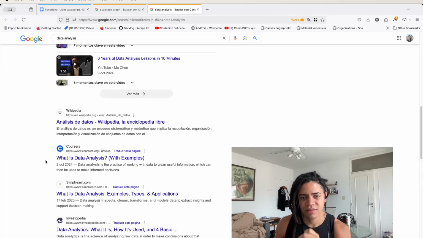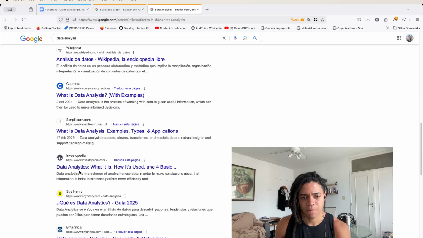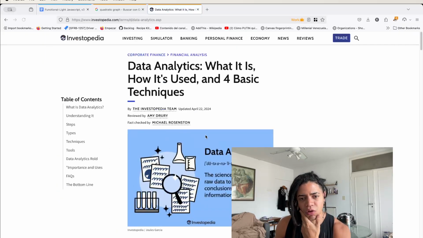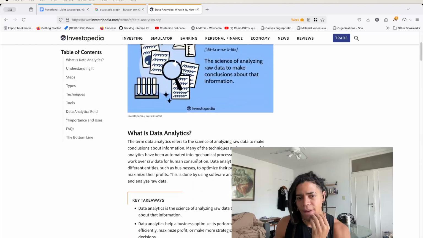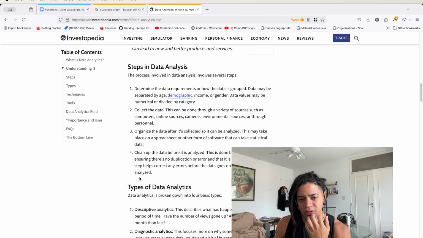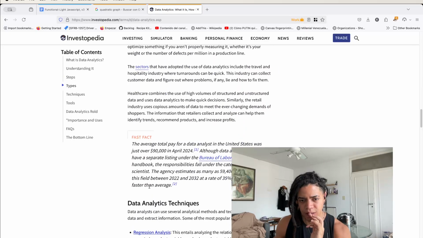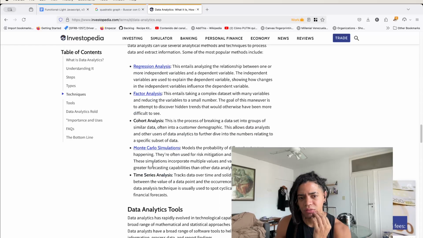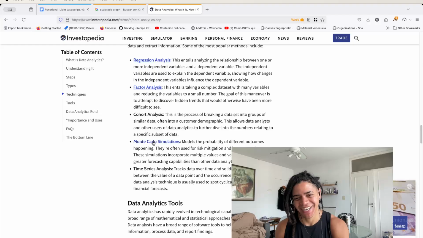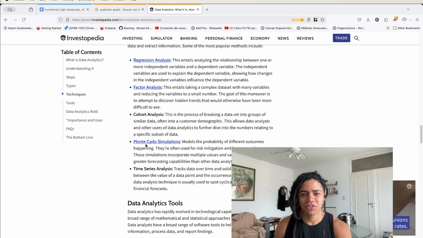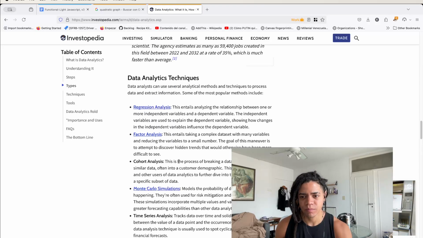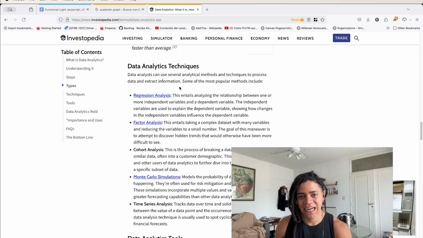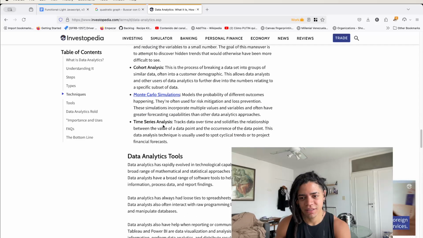What is data analysis? It's the science of analyzing raw data, exactly, and then transforming it, and so on and so forth. Data analytics techniques: regression analysis, factor analysis, cohort analysis, Monte Carlo simulations, time series analysis.